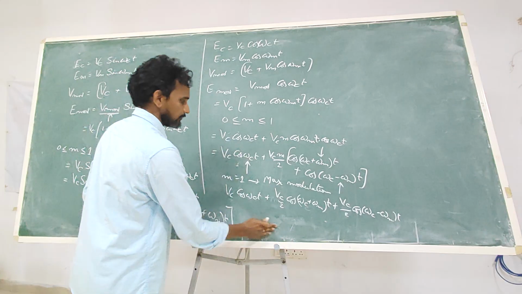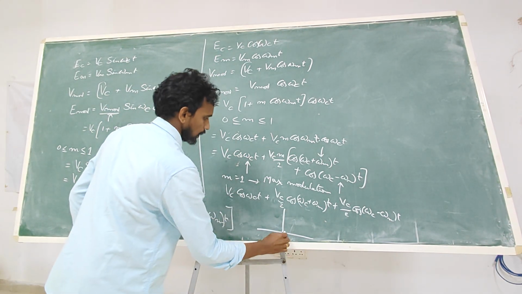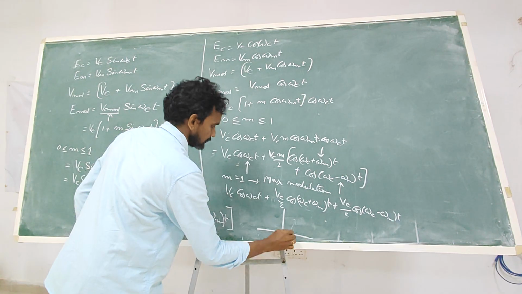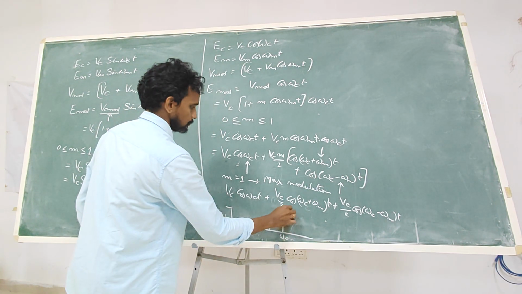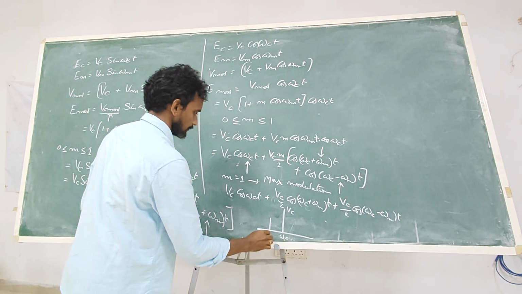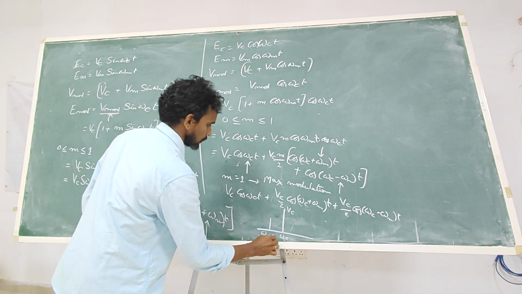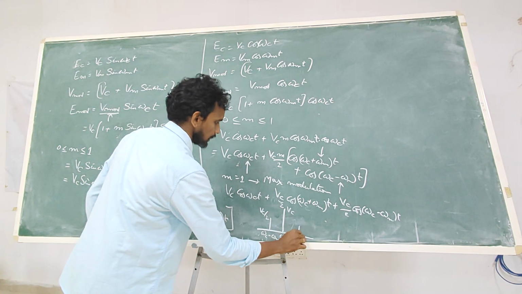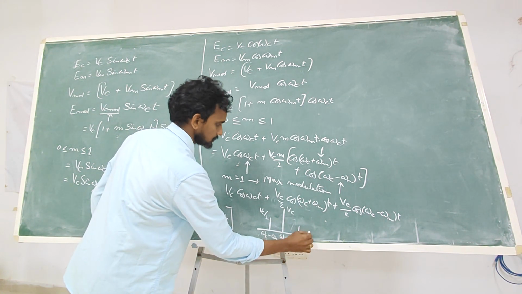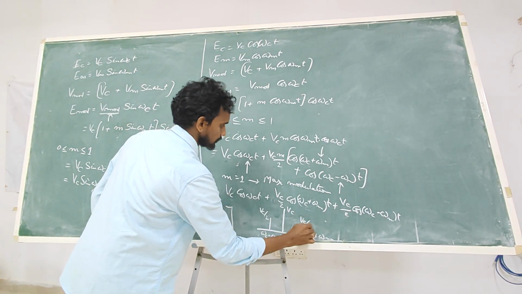So if you take the frequency graph, you have one line at omega c with amplitude Vc, another line at omega c minus omega m with amplitude Vc by 2, and another line at omega c plus omega m with amplitude Vc by 2.